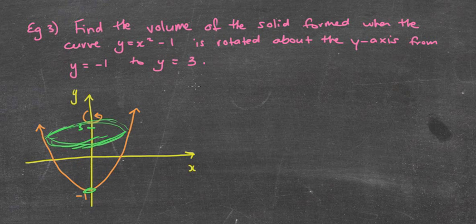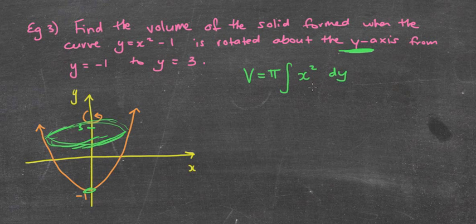So what's the difference between this question? Well, it's the y-axis, so it means that we're using the rule volume equals pi times the integral of x squared dy. Not y squared dx, it's x squared dy.